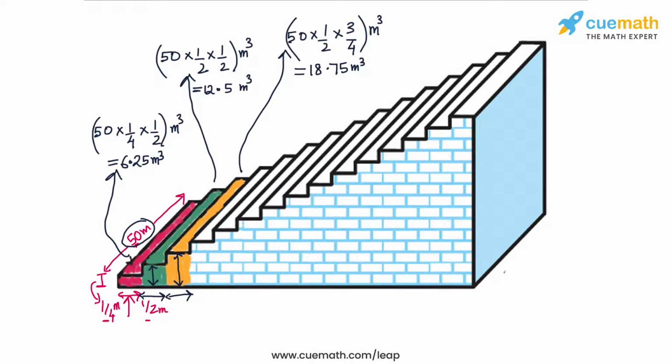So what you see is that for each step, two of the dimensions are constant. You have this 50 meters as constant, and you have this 1/2, the horizontal extent of the step, which is what is referred to as the tread of the step. This is constant. What is varying is the height of the step. From 1/4 it becomes 1/2, then it becomes 3/4. In the next step it will become 1, and so on.